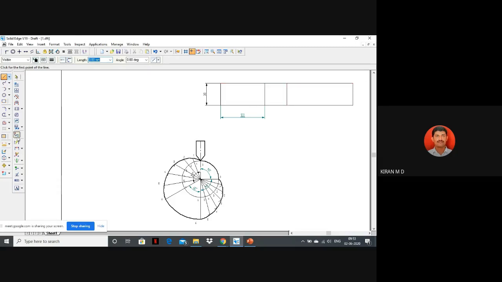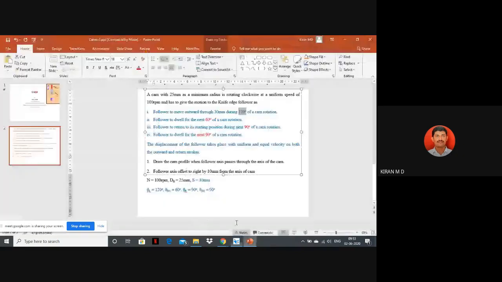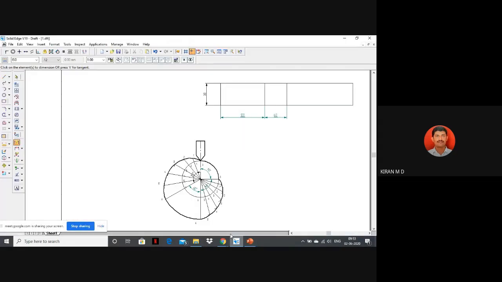So this is 60 degrees. What is next? The follower returns to its starting position during the next 90 degrees. 90 degrees means we should draw 45 mm, so take a 45 mm distance.